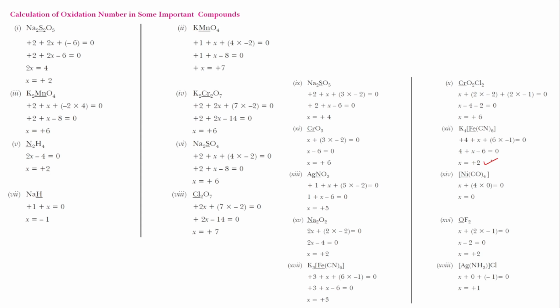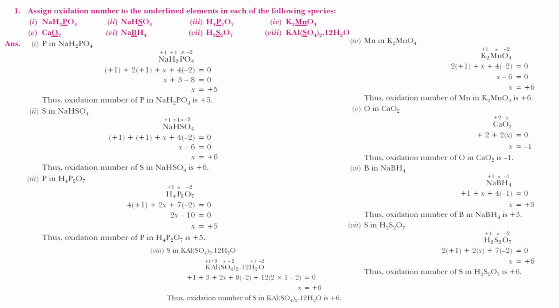Similarly, OF2, oxygen difluoride. So oxygen is X and fluorine is -1 into 2 is -2. So X - 2 is 0. So X comes out to be +2. So these are the ways in which we can calculate oxidation number on any particular element by assigning the oxidation number for other elements. Fine.